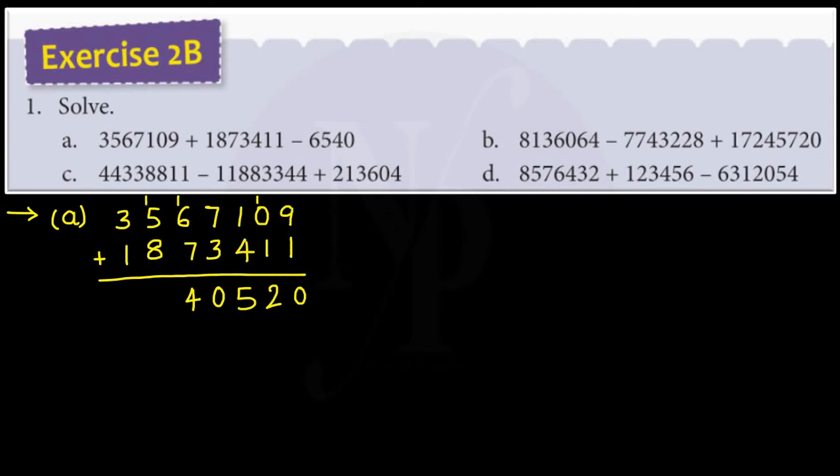So 1 lakh is carried forward. 1 lakh plus 5 lakhs is 6 lakhs. 6 lakhs plus 8 lakhs is 14 lakhs, which is regrouped as 4 lakhs and 1 ten lakh, which is carried forward. 1 ten lakh plus 3 ten lakhs is 4 ten lakhs, plus 1 ten lakh is 5 ten lakhs. So the sum is 54 lakhs 40,520.